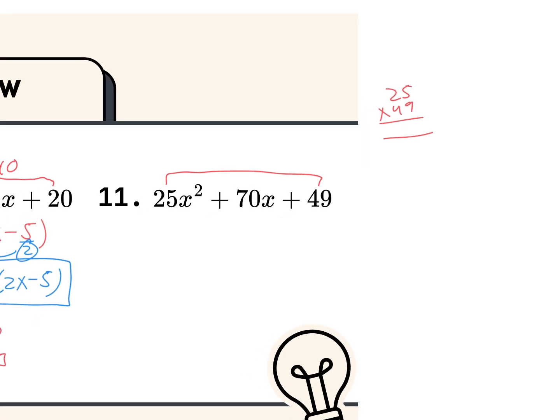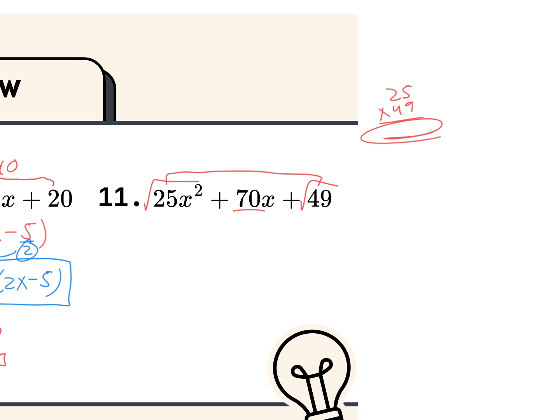But there was another way to factor trinomials, and it's worth checking if you get an outrageously high number like this. It's worth checking if it is a perfect square trinomial, all right? So the test for a perfect square trinomial is we square root the first, square root the last, and you see if the double of that product gets you that number in the middle.